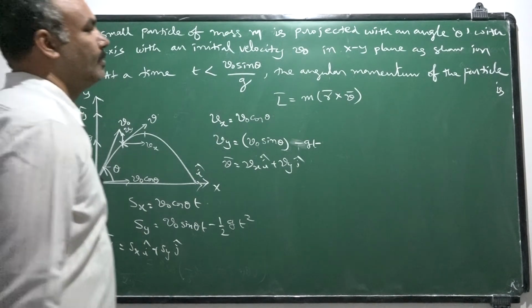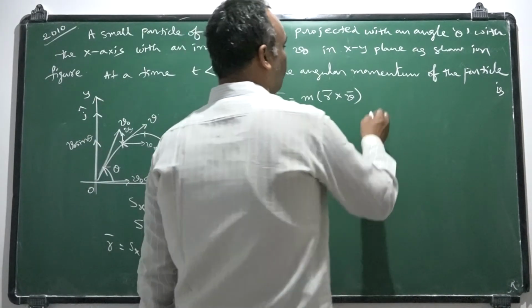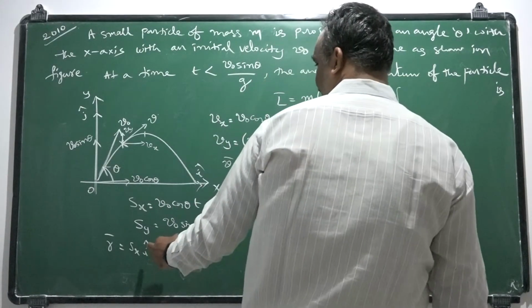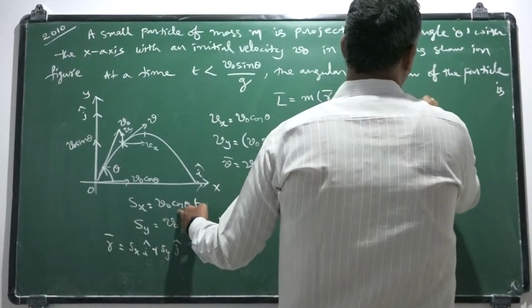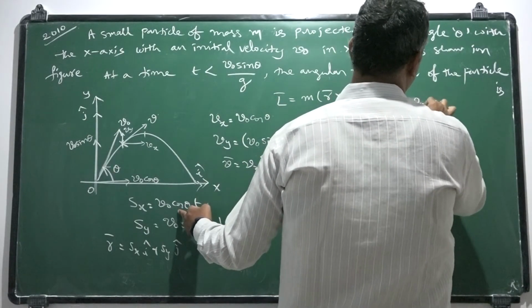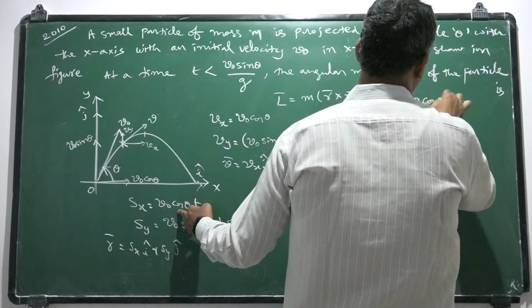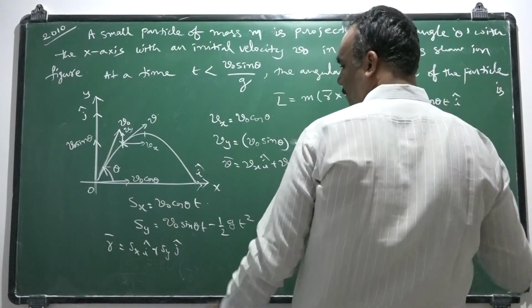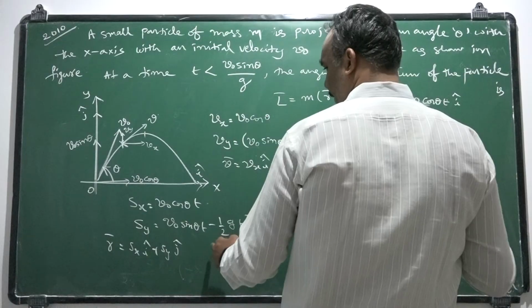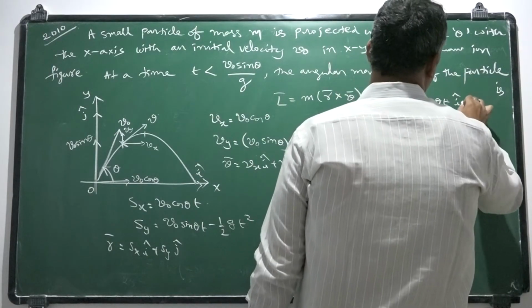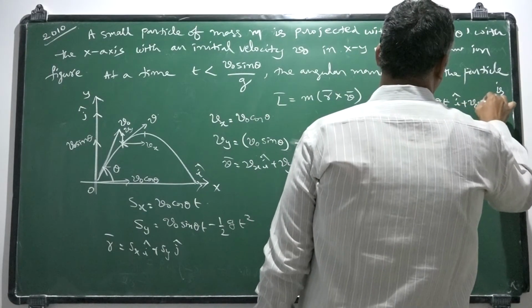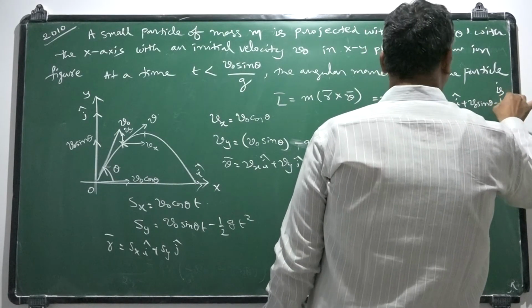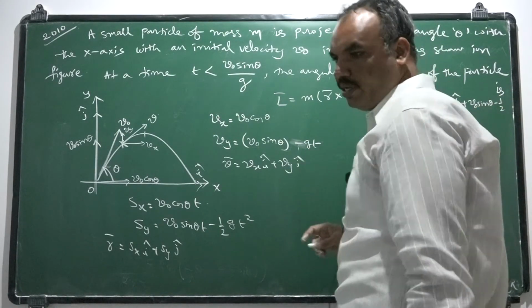So as per this, angular momentum can be calculated by taking m into r bar. Let me write here.